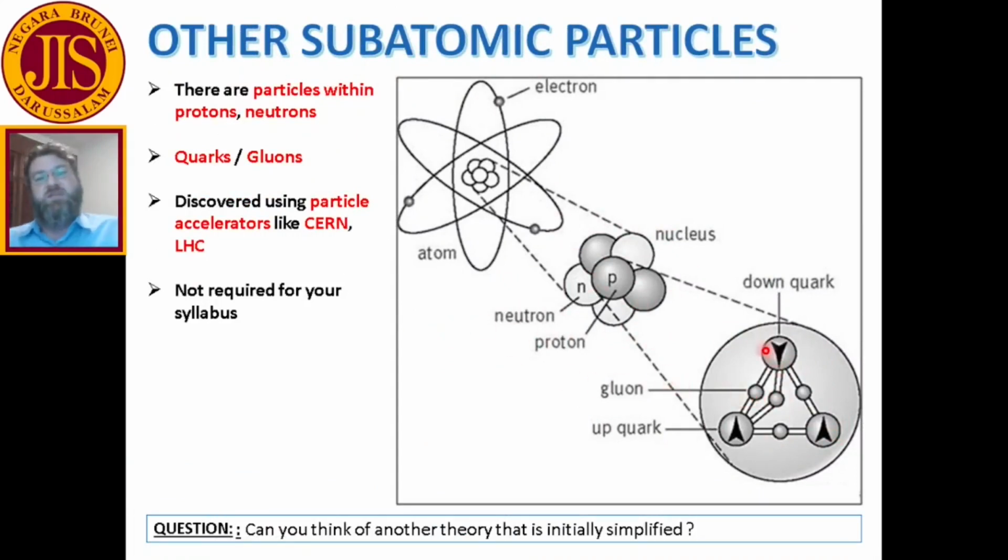These even smaller subatomic particles are discovered using particle accelerators, like at CERN under the Swiss Alps, and also the LHC, the Large Hadron Collider. What they do is spin nuclei and atoms around a really fast circuit, get them up to speeds approaching the speed of light, smash them into each other, and see what little particles come off. But it's not required for your syllabus, it's just out of interest.